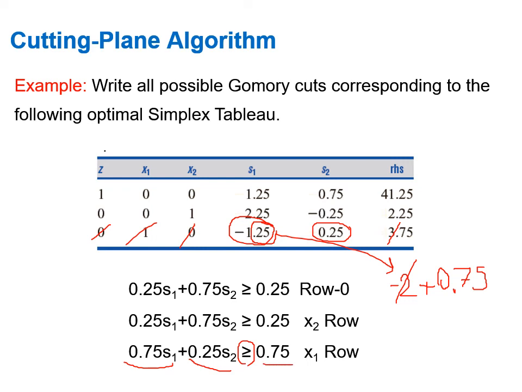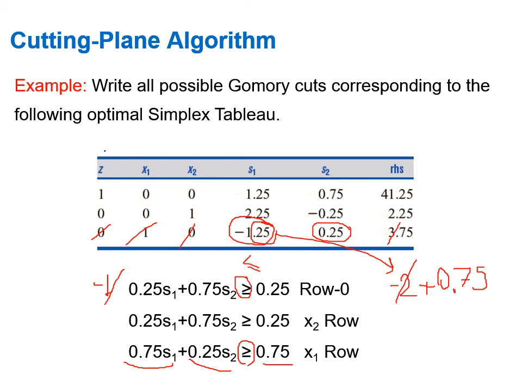You see, in all of these cuts, there are no negative elements. All of them are positive. But as I said, when you are implementing this in the tableau, we will multiply them with minus 1 so that every one of them will be negative and the sign will be less than or equal to.